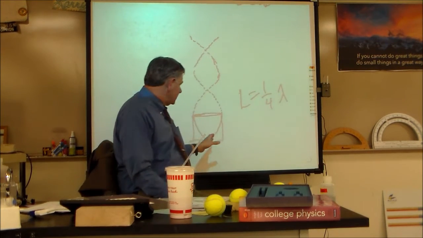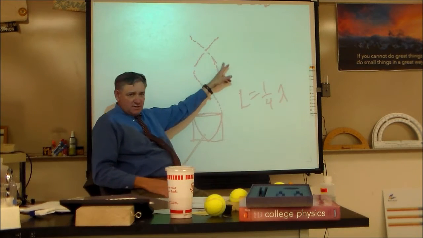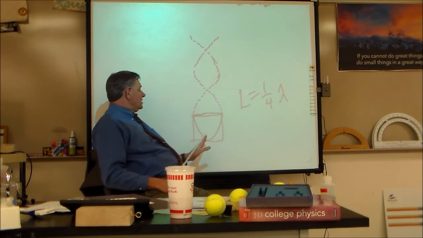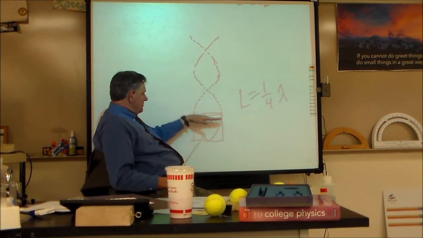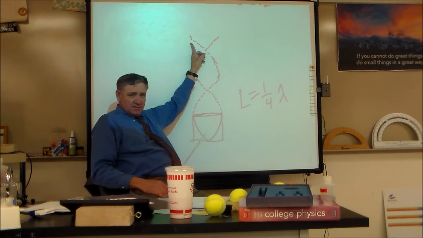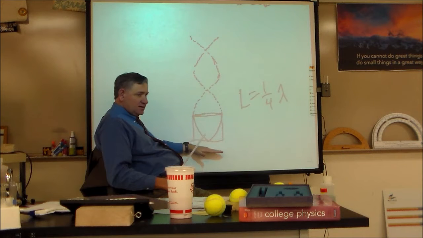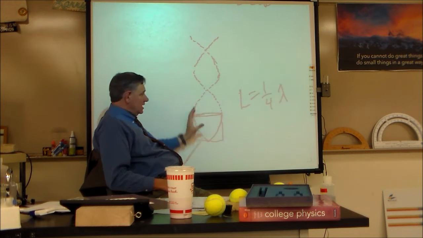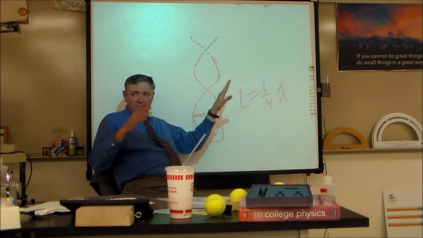Even though it's a compression wave, we're going to represent it as a transverse wave. So when you have an open-closed system, imagine that what you're seeing is 1/4 of the entire wavelength. What's happening is that it's coming down, it's hitting the surface, and it's bouncing back up. So we're reinforcing 1/4 of that wavelength.